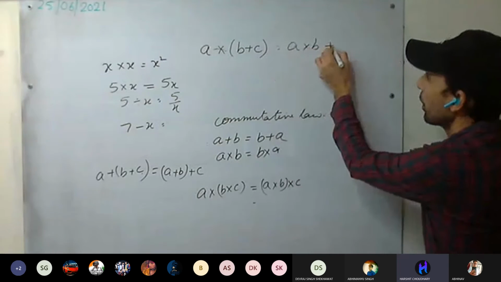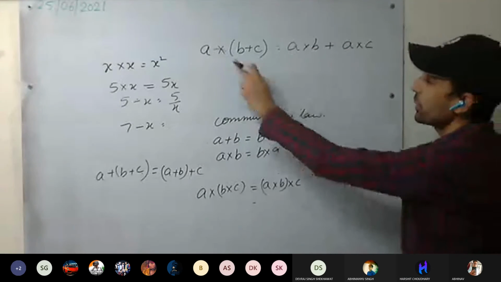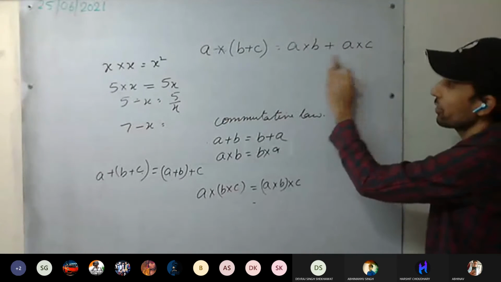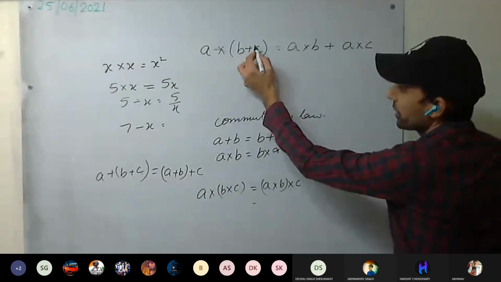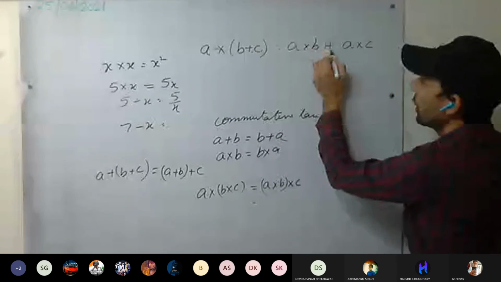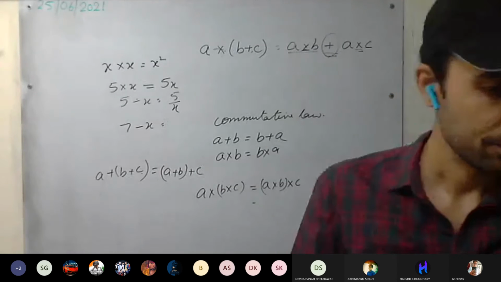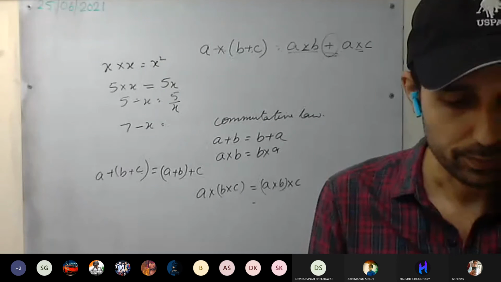A into B plus C equals A into B plus A into C. So we have distributed multiplication over addition. Is the distributive law clear? These are the laws of operation that hold true.